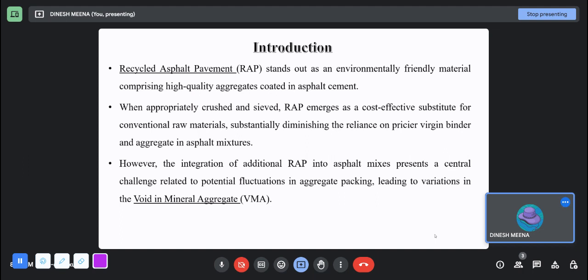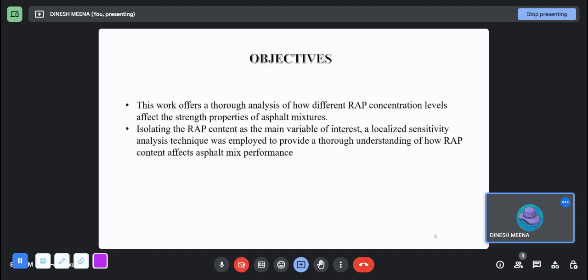However, the integration of additional recycled asphalt pavement into asphalt mixtures presents a central challenge related to potential fluctuations in aggregate packing, leading to variations in the voids in mineral aggregate, VMA. Objectives.